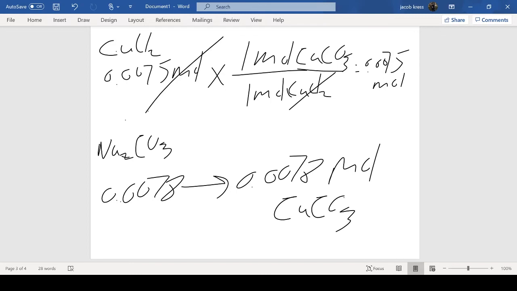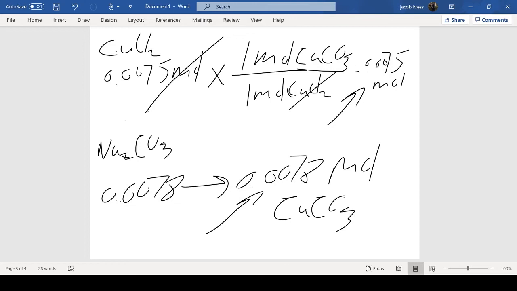So now I have two values for the calcium carbonate. I have the 0.0075 and I have the 0.0078. So how do we know which one's right? In most limiting reagent problems, it's going to be the one you run out of first. When we were setting these up, I didn't tell you guys the whole truth. This is the ideal ratio for these.